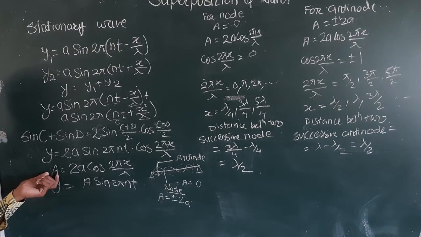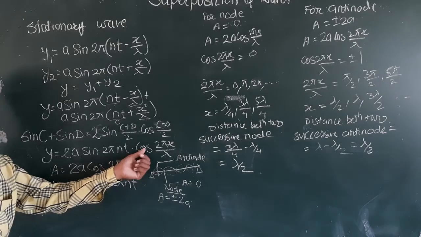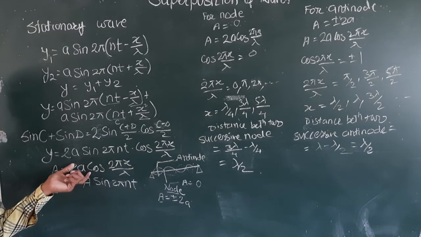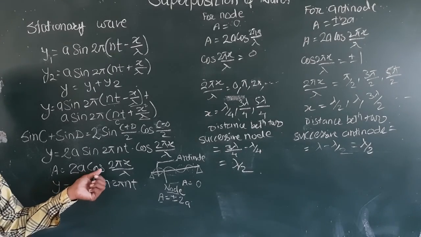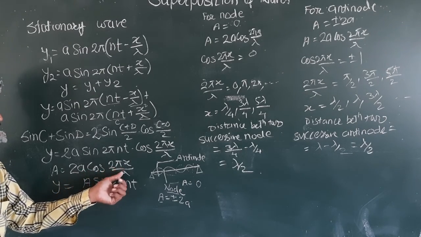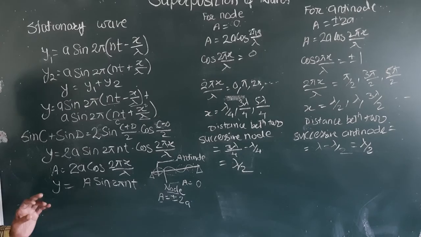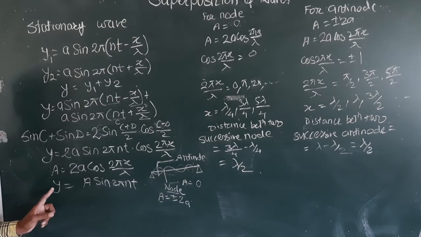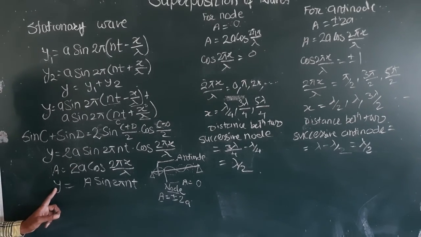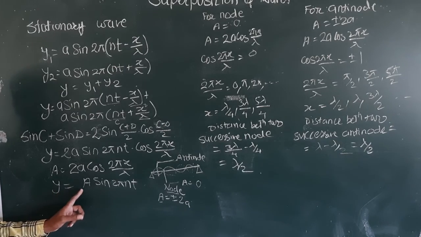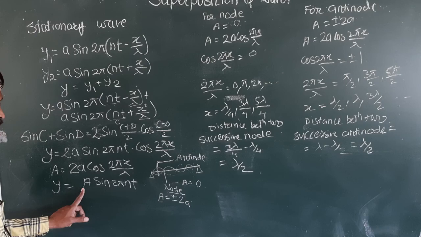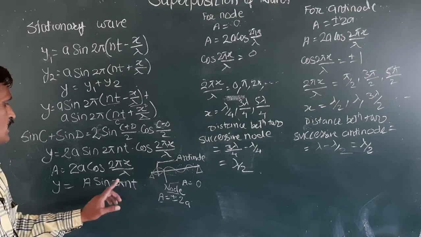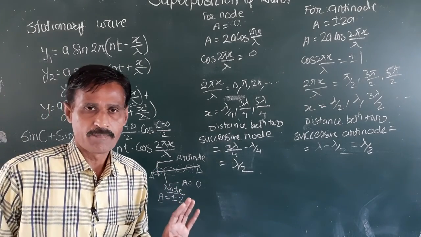Here, twice a cos 2 pi x upon lambda is the amplitude. So A is equal to twice a cos 2 pi x upon lambda. Putting this value in this equation, the resultant displacement is given by y is equal to A sin 2 pi nt, where A is the resultant amplitude and n is the resultant frequency.